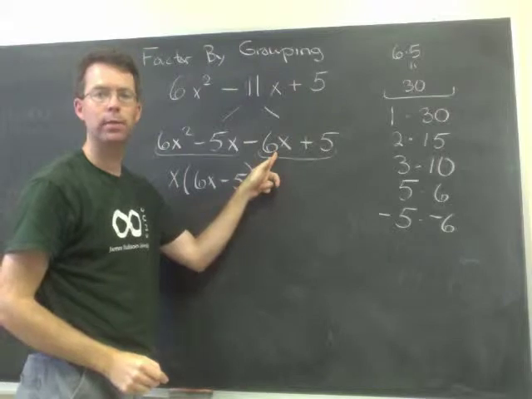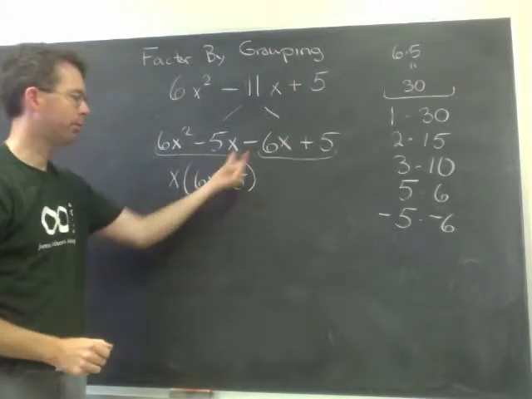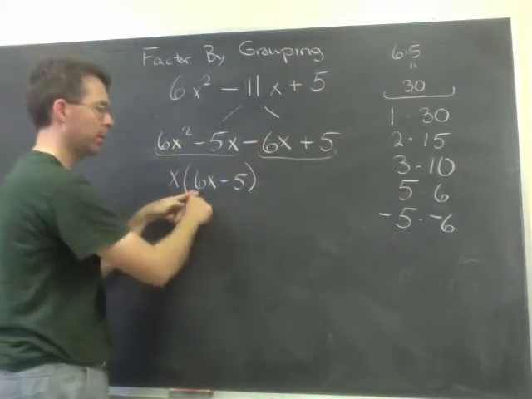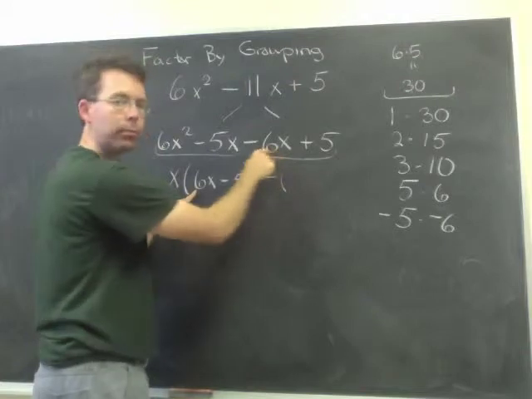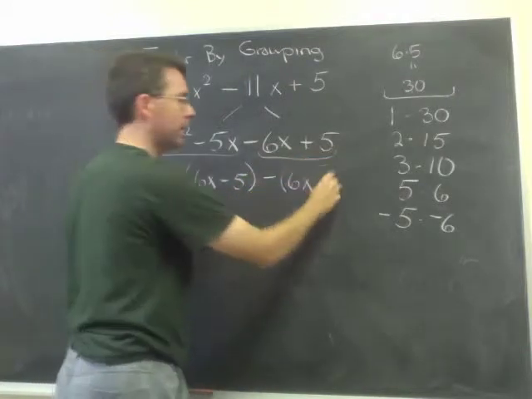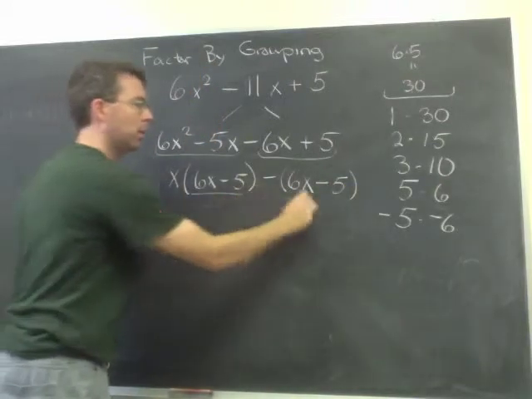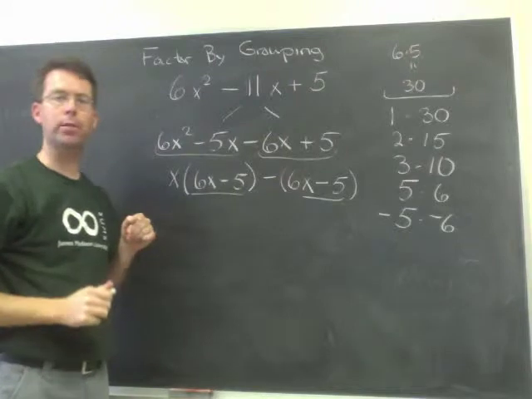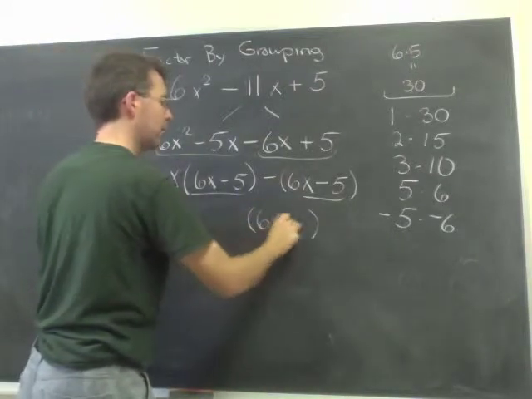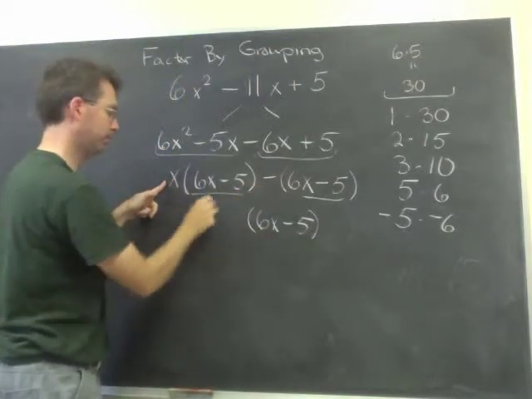Minus 6x plus 5 doesn't look like it has any common factors. But at least I want to factor out that negative sign. Because notice if I factor it out, I'll get my 6x, and instead of plus 5, I'll get minus 5. Without that step, I wouldn't have seen this common factor 6x minus 5. So I factored out 6x minus 5, and I'm left with x minus 1.